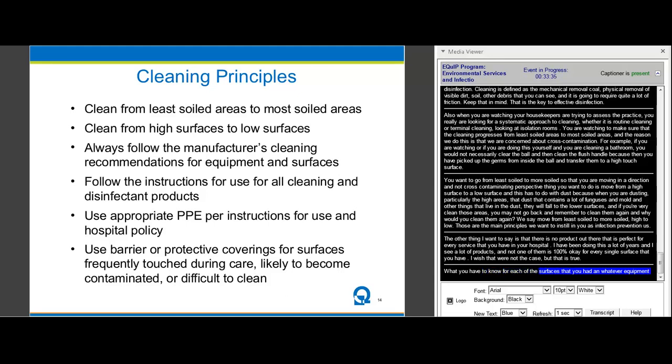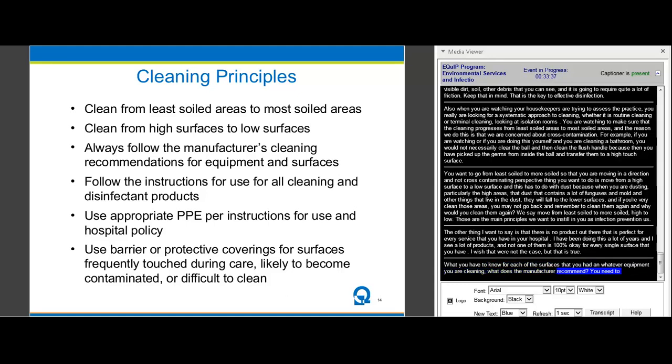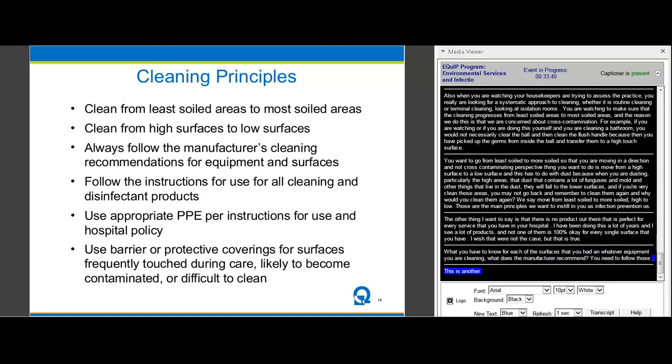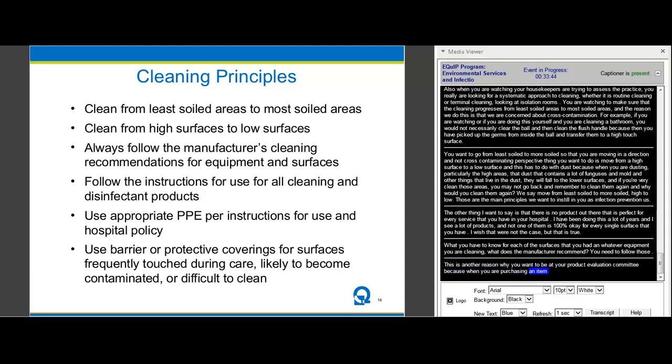Now, this is another reason why you want to be on your product evaluation committee, because when you're purchasing an item, it's much easier ahead of time to ask the manufacturer for their guidelines on how to clean while you're still negotiating than after you've purchased it.